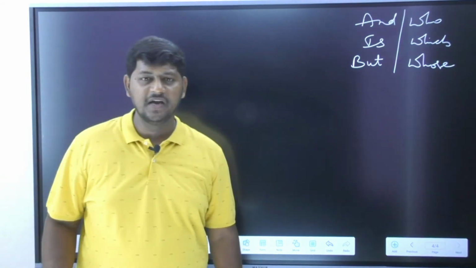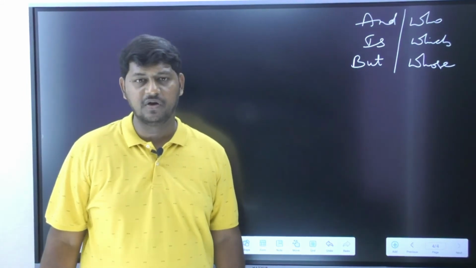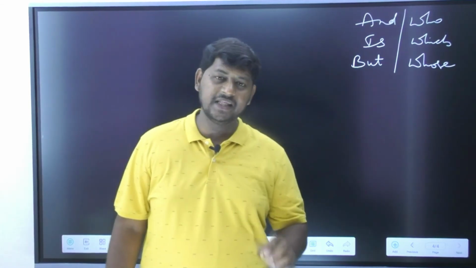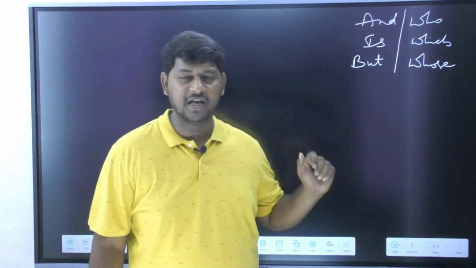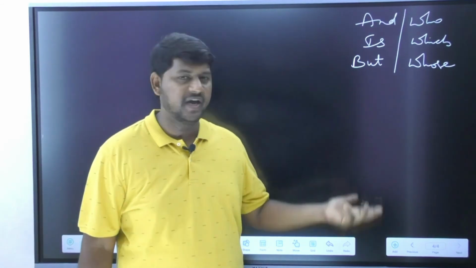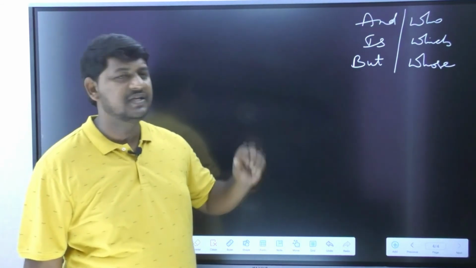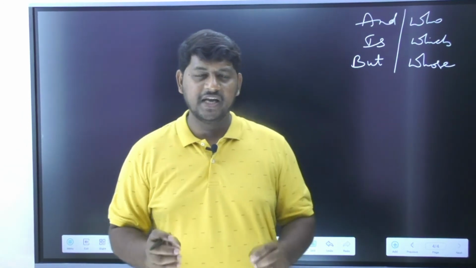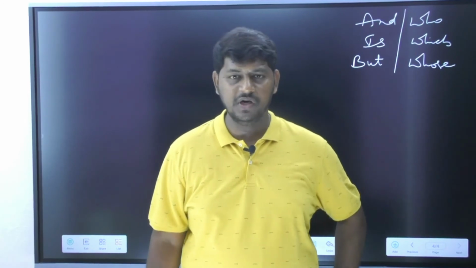Remember, these are very important keywords you are always going to observe in reasoning. Not only in blood relation, but in the entire topic of reasoning, in blood relation, seating arrangement, puzzles, sometimes in directions, you are going to see these keywords. Once you understand these keywords, then immediately you can start doing your questions.